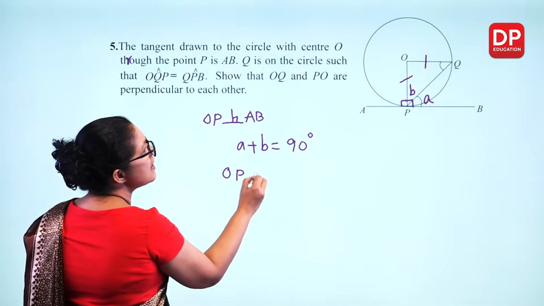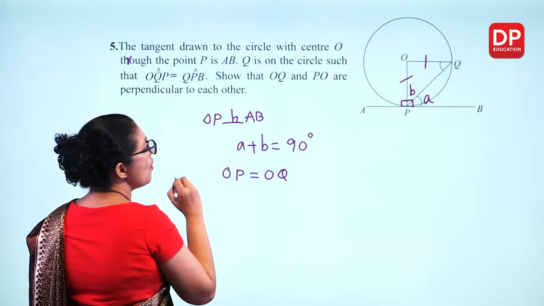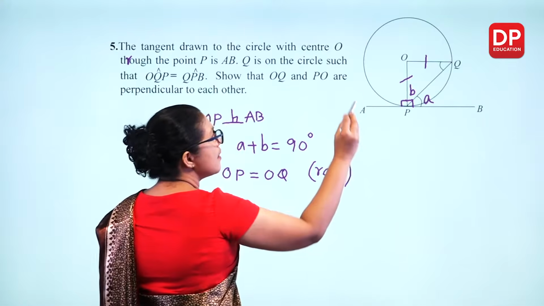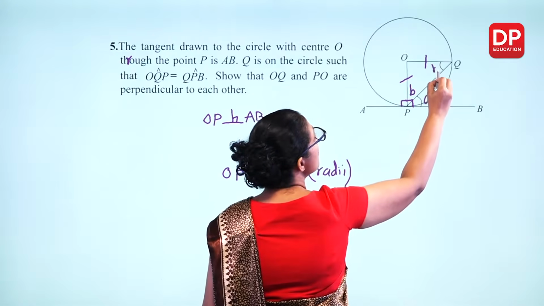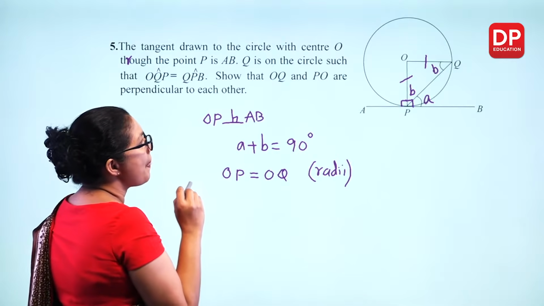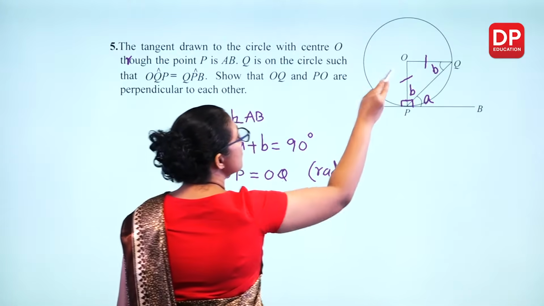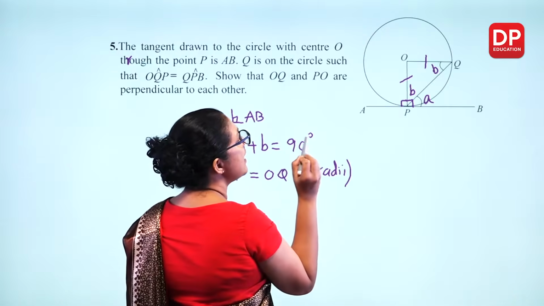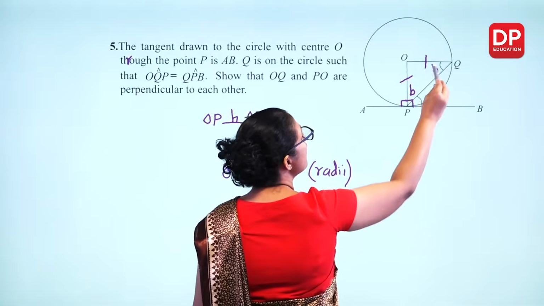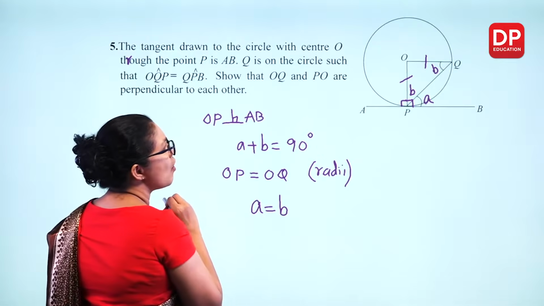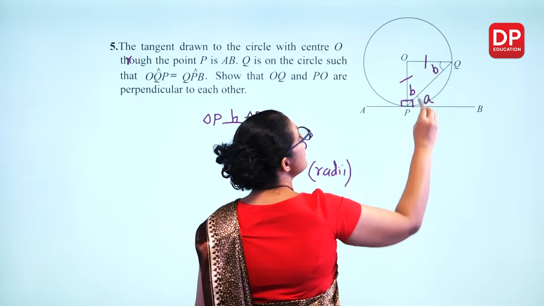OP is equal to OQ, radii. Because of that, this is also B. But what can you say about OQP angle and this one? These are equal, given. So A equals B. According to this one, A is equal to B.